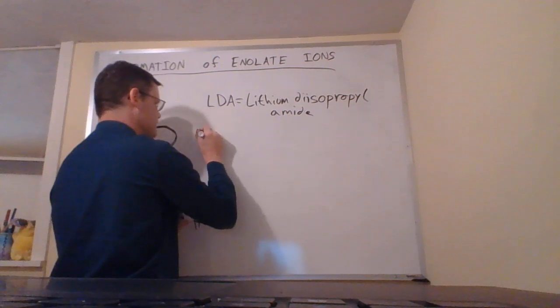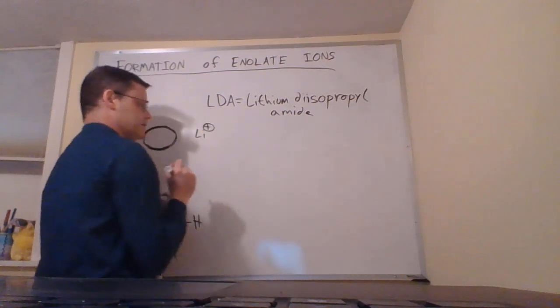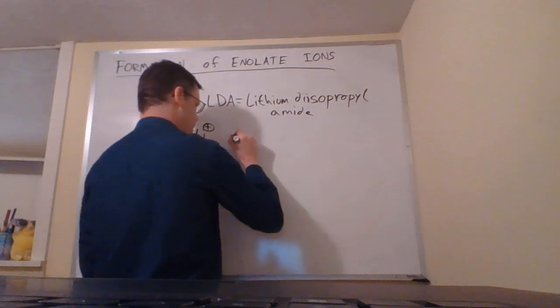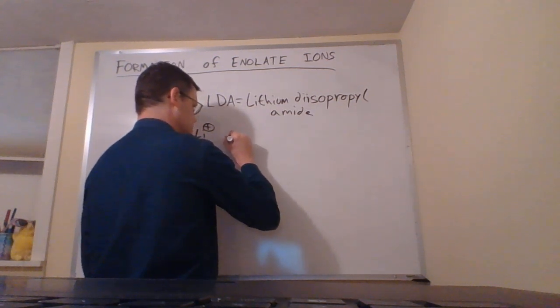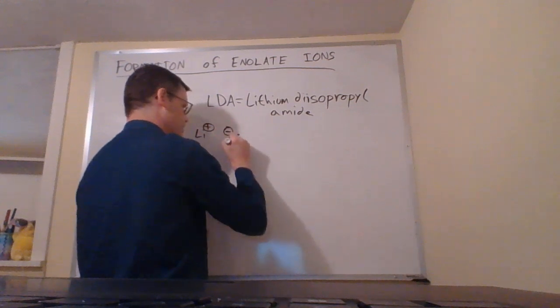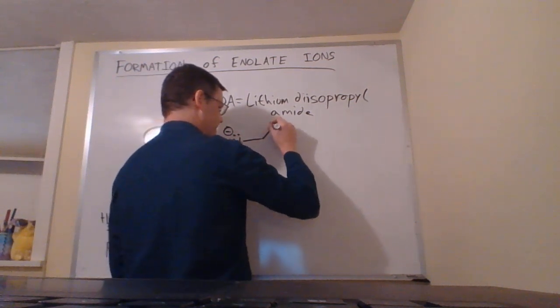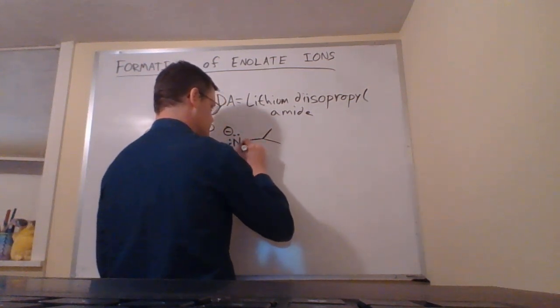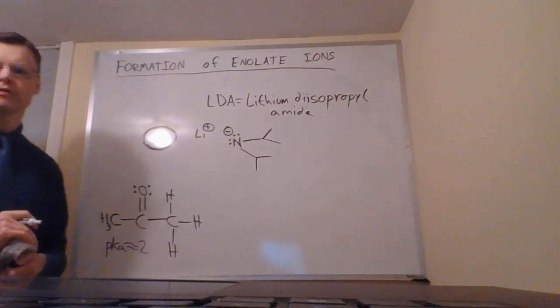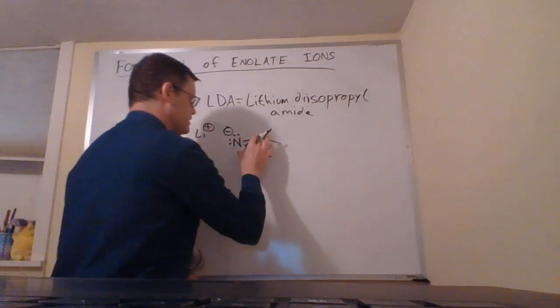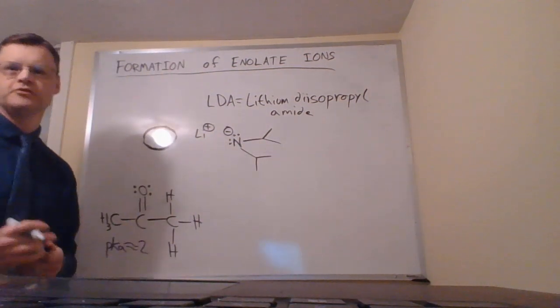What it looks like is we've got the lithium cation, and that is bonded to, well, it's an ionic bond. We have two isopropyl groups here. It's a strong base, but because of these isopropyl groups, it's a non-nucleophilic base.